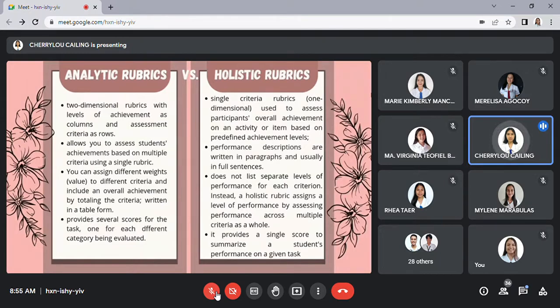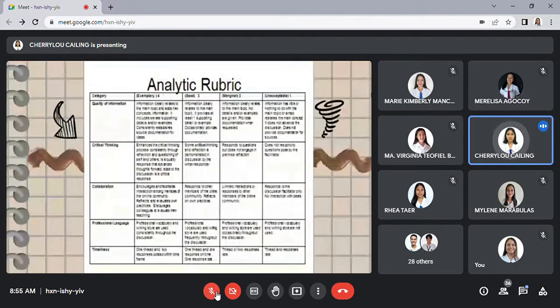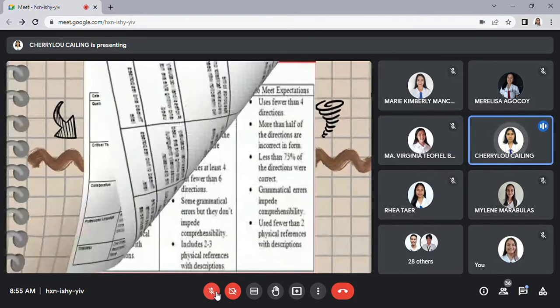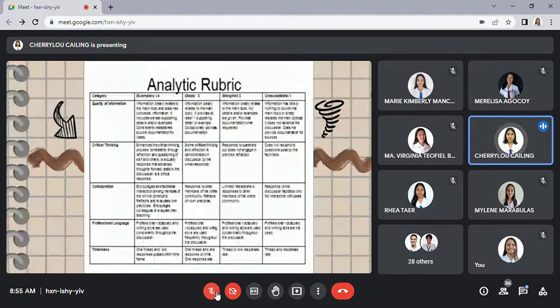So para mas makasabot mo sa difference sa analytic o holistic rubric, maghatag ta ug example. So mao ni siya ang analytic rubric, o mao ni siya ang holistic rubric. Kay di ba ang analytic rubric is two-dimensional, right? So kaning quality of information, critical thinking, collaboration, etc. na belong ni siya sa levels of achievement.